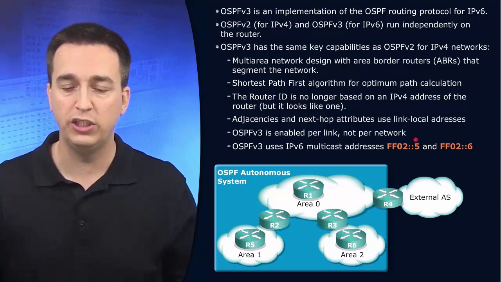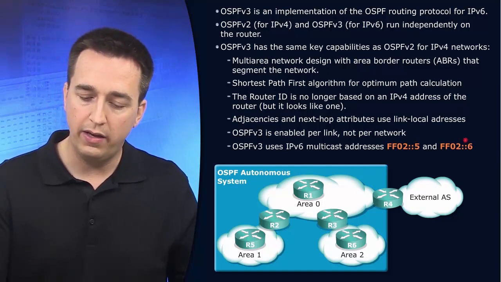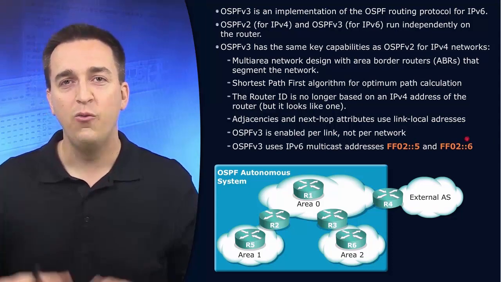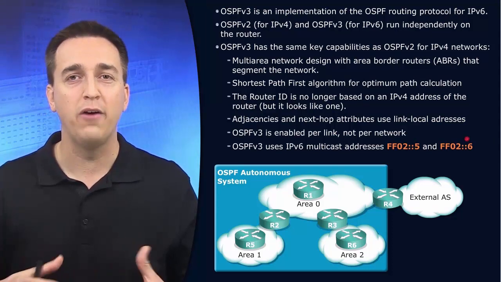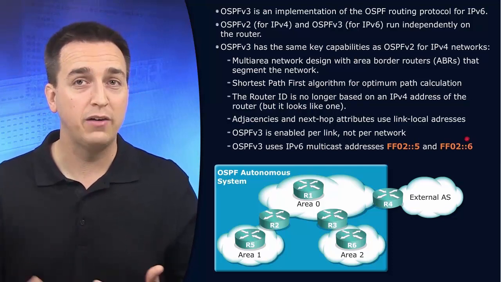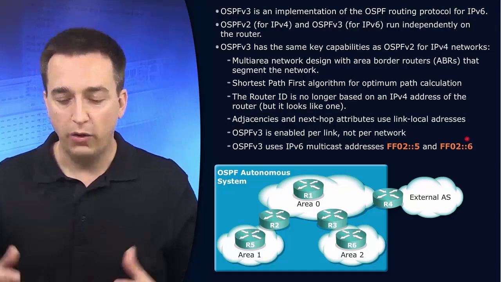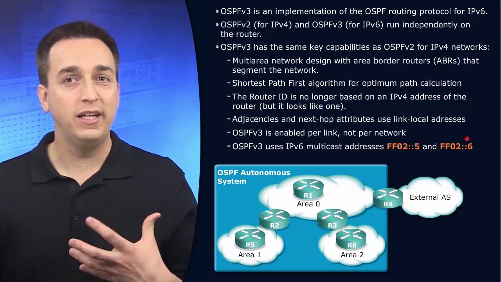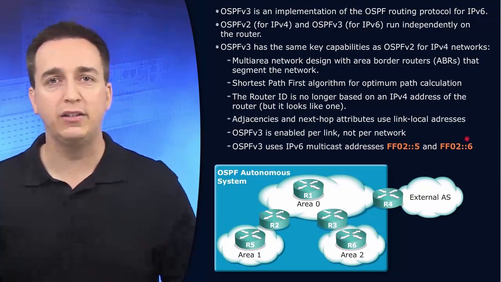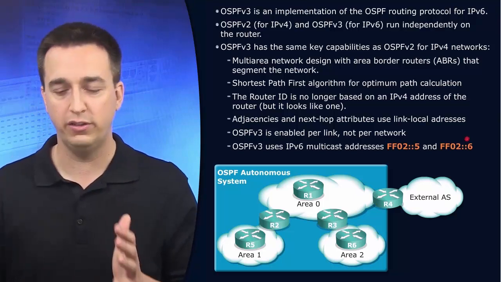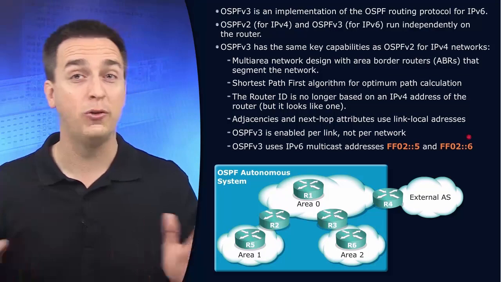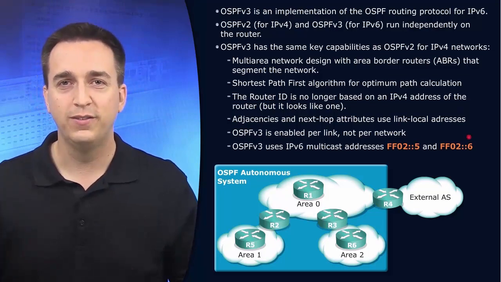That's how we're going to form neighbor adjacencies. And then we have the FF02::6 multicast address, which is being utilized by the routers when they want to communicate with the designated router and backup designated router. So they preserve the very final value that was in the OSPFv2 multicast addresses, 224.0.0.5, 224.0.0.6. Well, here we see FF02::5 and FF02::6, which are used for the same reasons.